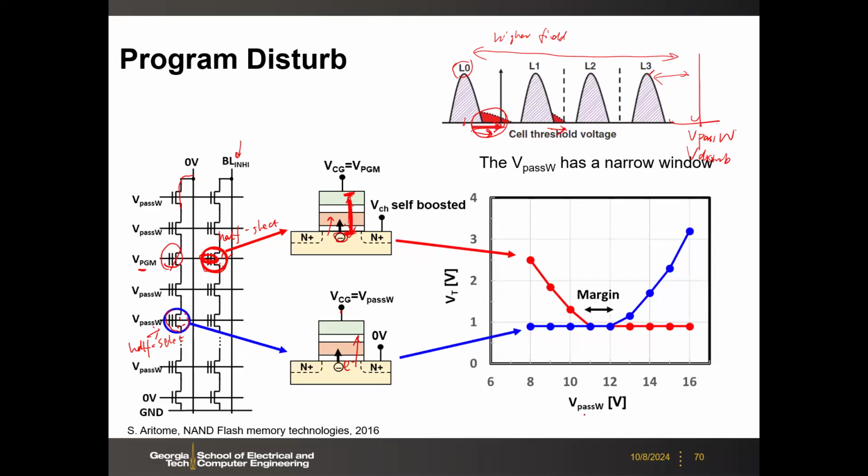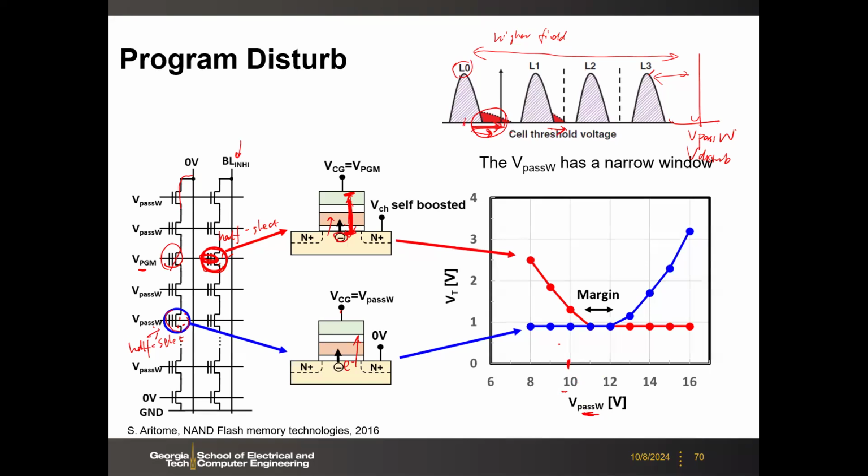So for the V pass W, you have to choose carefully, right? Here we show some trend. If your V pass W is too small, let's say below 10 volts, which one will have a problem?